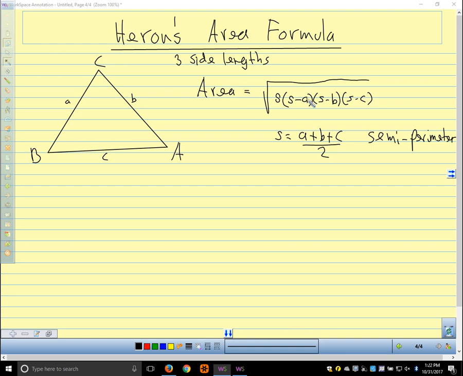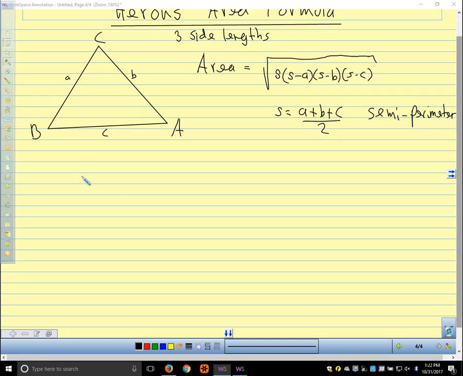You substitute that in and simplify, and you get this. So for example, for the area formulas, if you need them on a quiz or a test, I would provide the area formulas. But the main thing I want you to know is that they exist.